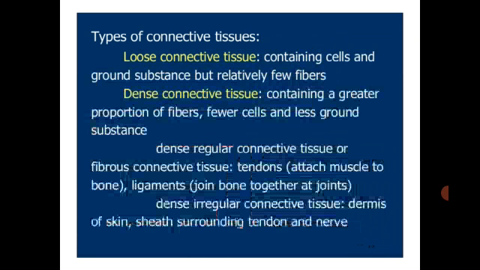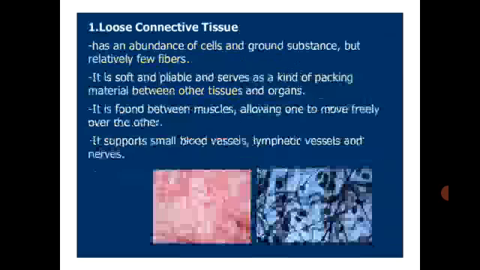So you may see the common examples of this tissue are cartilage that is found around the ends of bones, in the external ear, nose, trachea. Bone and blood. The adipose tissue found around the kidney, under the skin, and the abdomen is also a type of connective tissue. And these connective tissues provide energy and support to the organs.